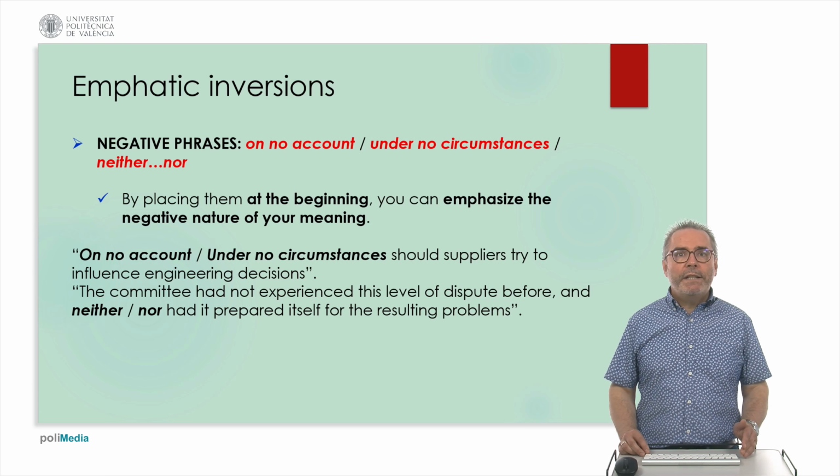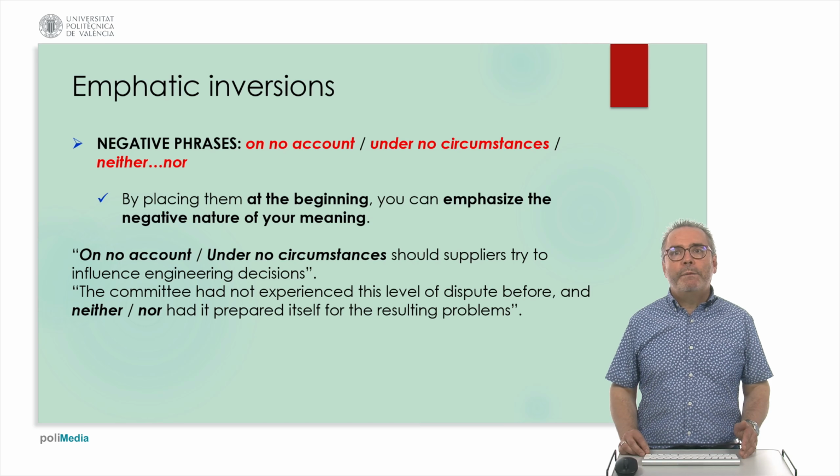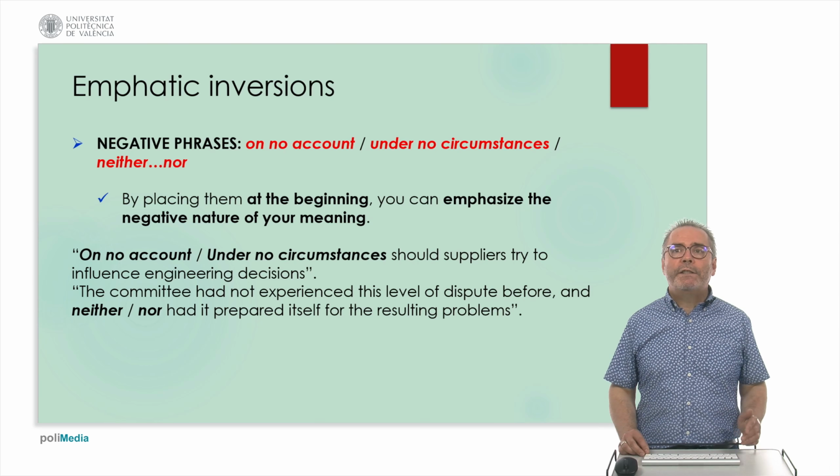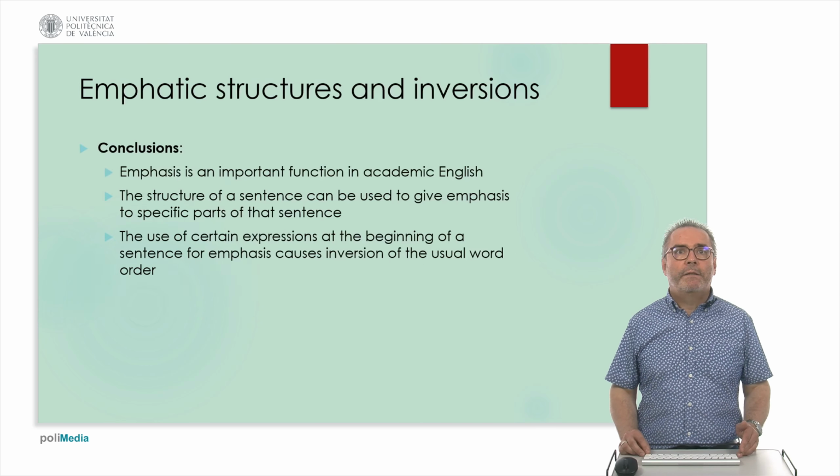Or the committee had not experienced this level of dispute before, and neither or nor had it prepared itself for the resulting problems. In this case, inversion only affects the second part of the sentence.